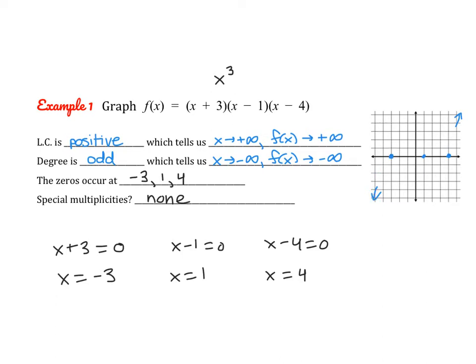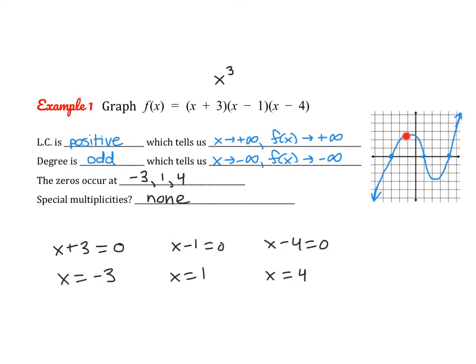So now we just need to find a way to connect the left side to the right side by only crossing our x-axis at the zeros. So again, we can only cross our x-axis at the zeros. So the only possible way to do this is something like this. So we're going to go straight through this way, straight down through this way, and straight through this way.